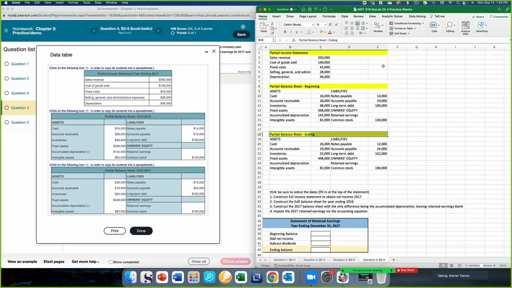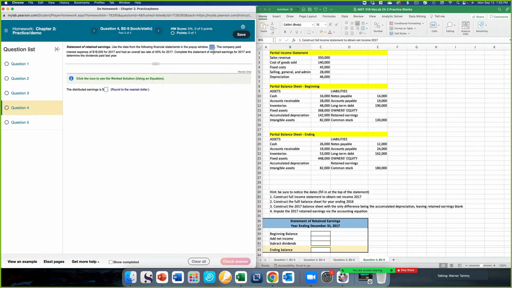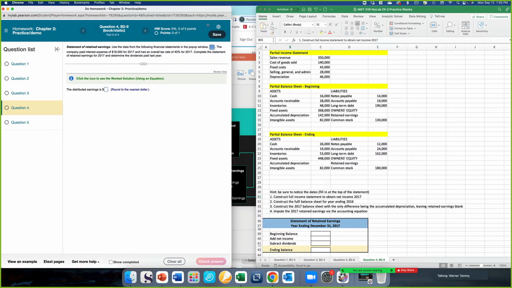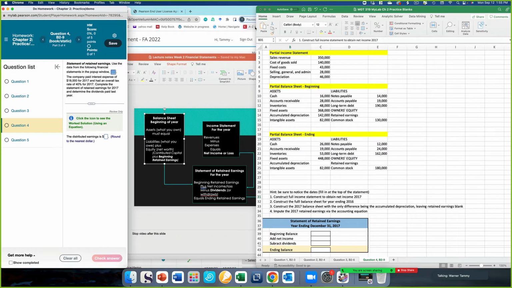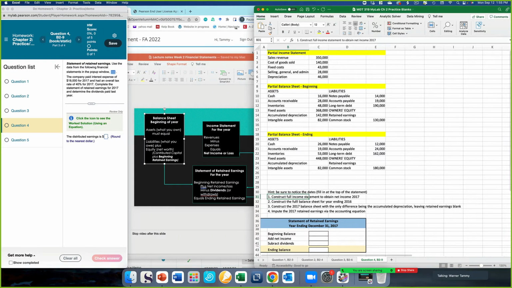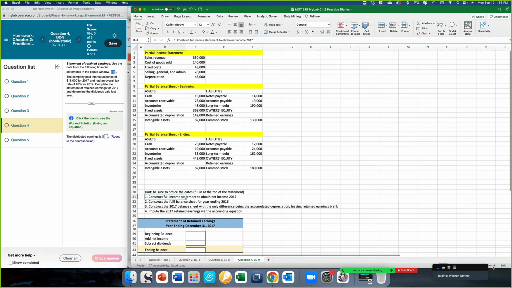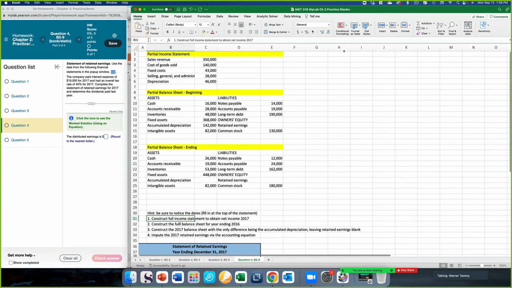Okay, so step one, we want to construct a full income statement, and let's do that. I'll tell you what, let's make this smaller, make this bigger and wider so that you can see better, thusly.